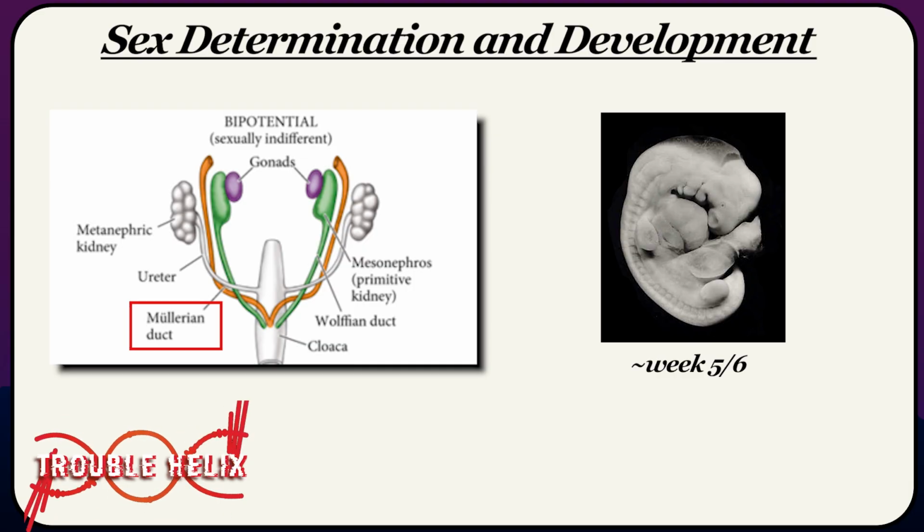We've got Mullerian ducts in case we want to make some ovaries, and Wolffian ducts in case we want to make some testes. It has yet to receive molecular signals telling it to become one thing or another. After the 6th week, a combination of genetic, molecular, and cellular factors will start tipping the scales.